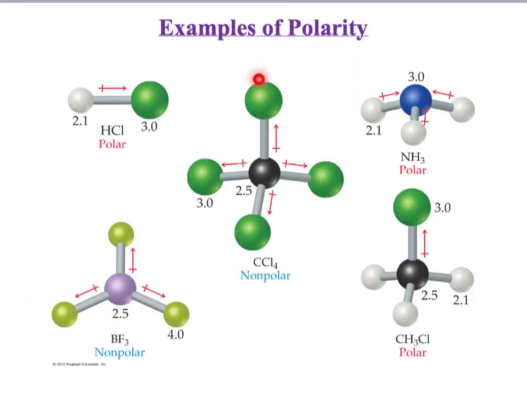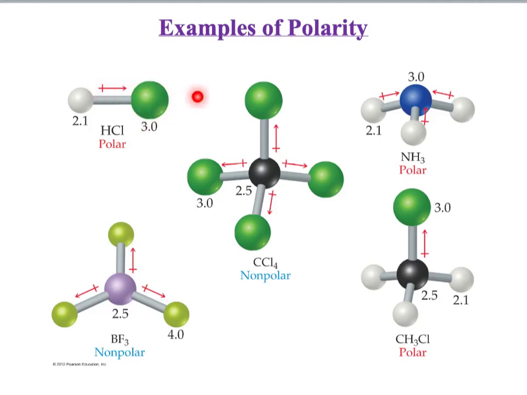So CCl4, as we looked at from the beginning, we have a carbon, and each of these chlorines are spaced evenly, pulling the same magnitude in opposite directions from one another, and so basically nothing's happening here. So CCl4 is non-polar. Same with BF3, whereas HCl is a basic diatomic molecule where the chlorine is a lot more electronegative.